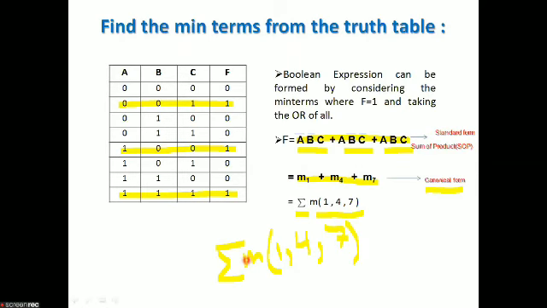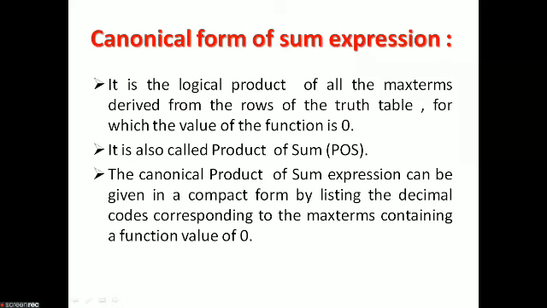Or if you don't write m, then also it is okay. So this was how to find the min terms from the truth table. I hope this is clear to all of you.